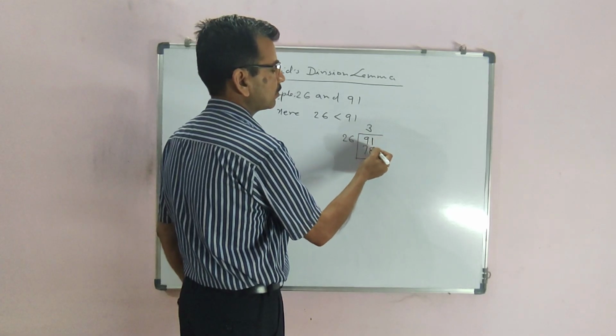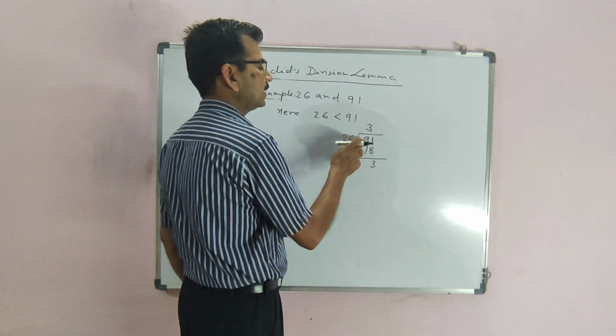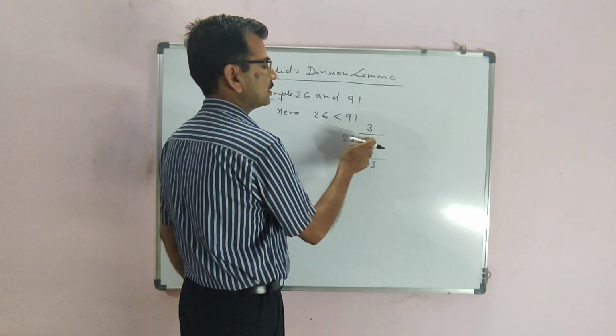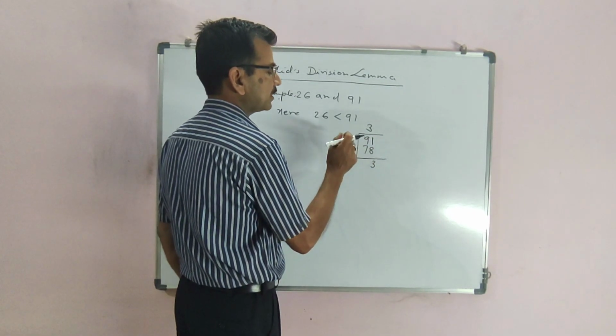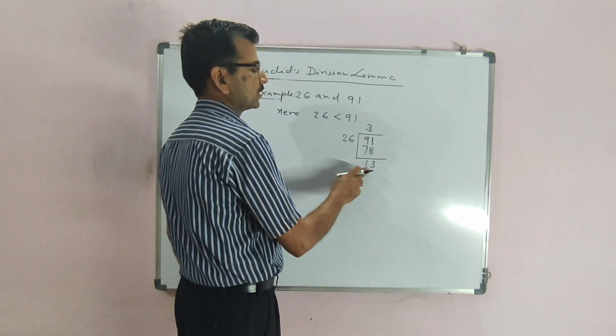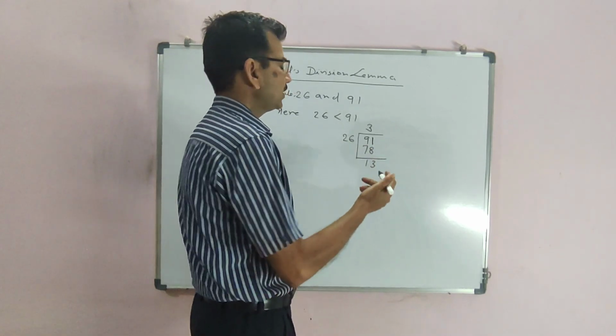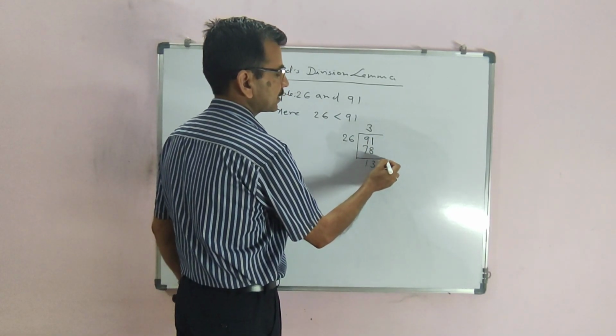Again subtract: 11 minus 8 is 3, 1 carried, then 8 minus 7 is 1. Check here: 13 is smaller than 26. So please go for the next step.